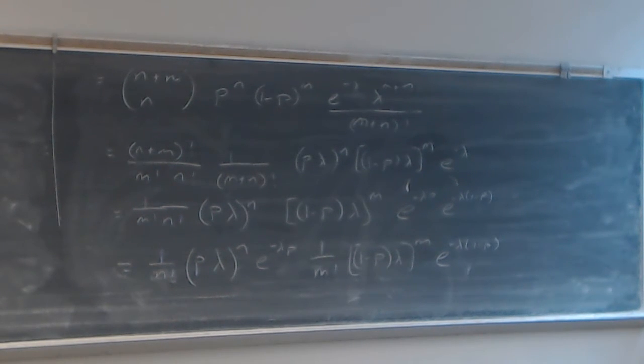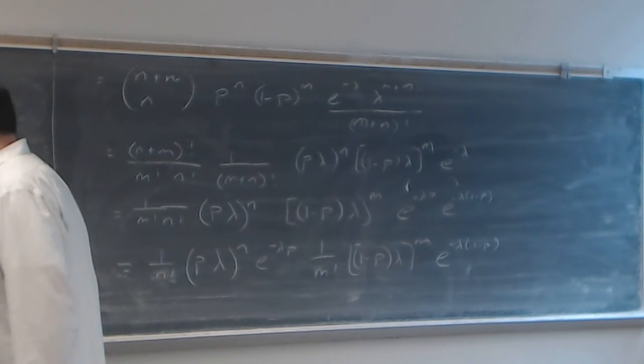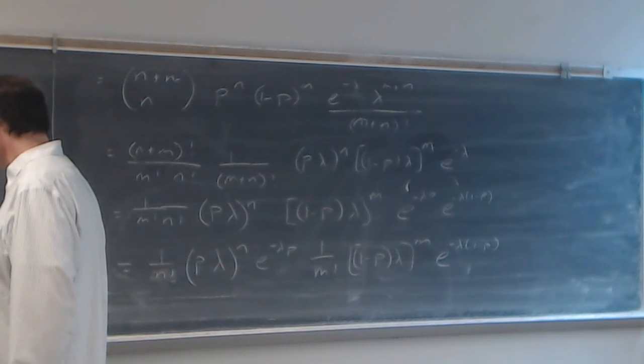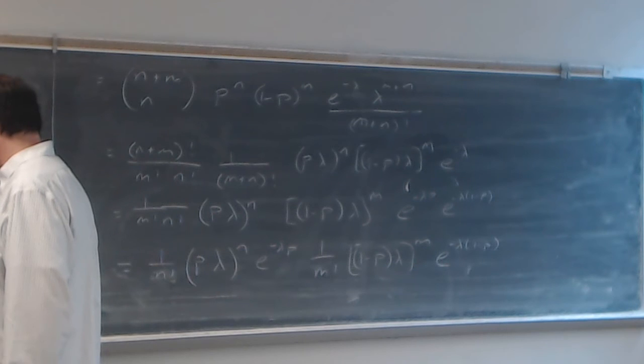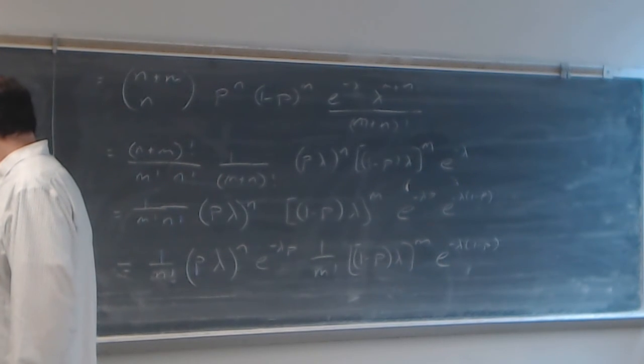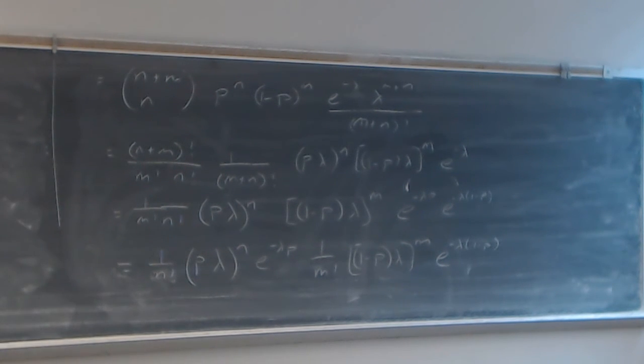Now, this is a mistake on my part. This shouldn't have been n, this should have been m. And what we recognize here is that this is a PMF of a Poisson random variable.